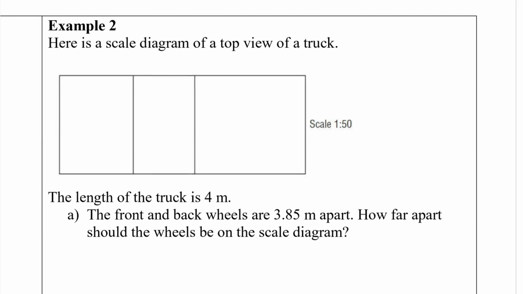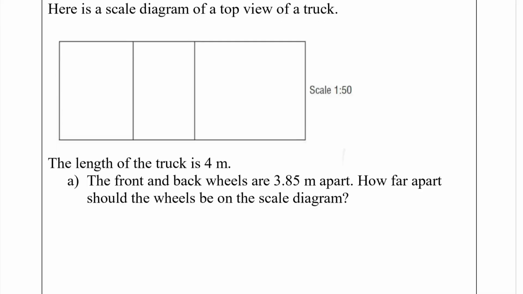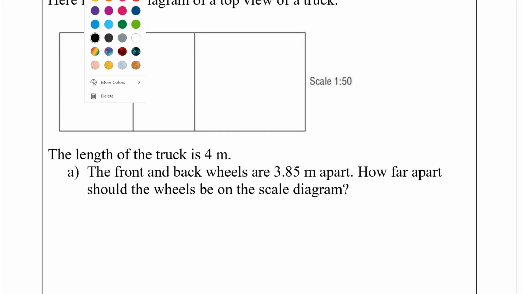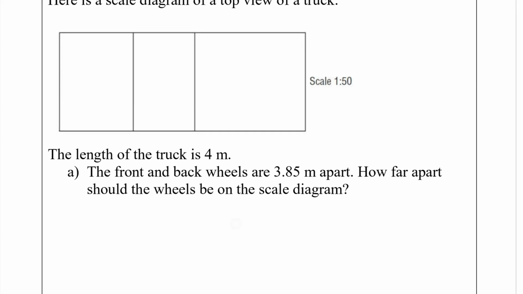Example number 2. Here is a scale diagram of a top view of the truck. Okay, so the scale is 1 to 50. So first things first, the length of the truck is 4 meters. So we're saying from here to here, it's going to be 4 meters.